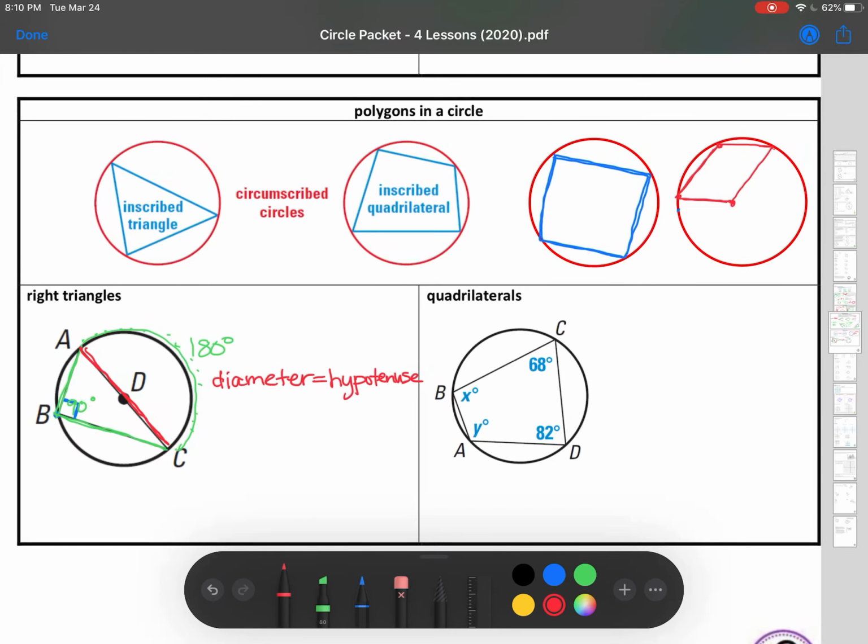That actually looks more like a rhombus, but to get a parallelogram to fit in there, it's not going to work. And there's a theorem that says that there's a relationship between opposite angles that fit inside a circle. If you have an inscribed quadrilateral, those two angles actually have to add up to 180. The opposite angles are supplementary.